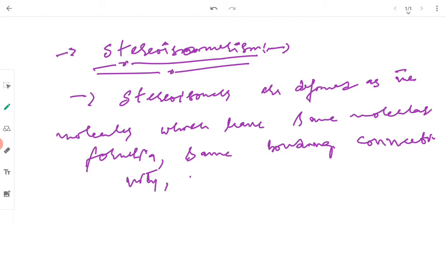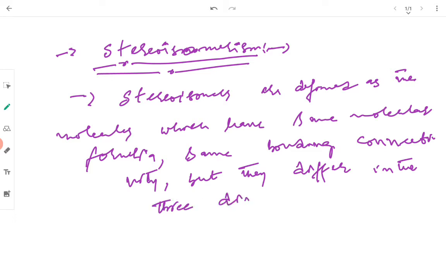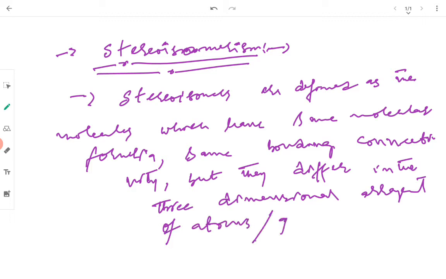but they differ in the three-dimensional arrangement of atoms or groups in space.